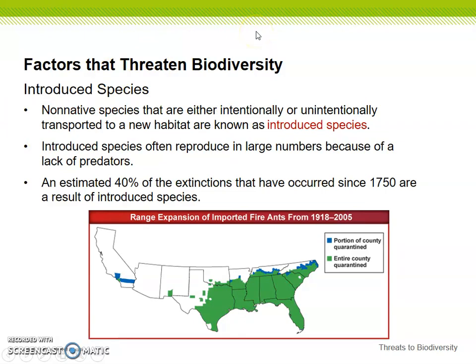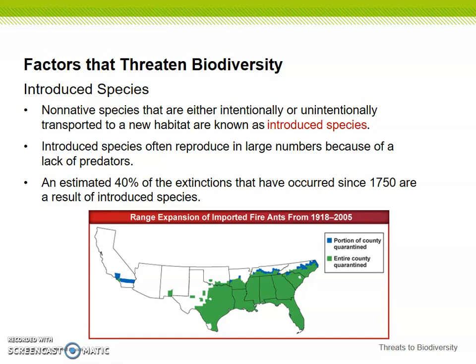Another factor is introduced species. They are non-native species that are either intentionally or unintentionally transported to a new habitat. They usually reproduce in large numbers because there's a lack of predators. There's nothing there naturally that is going to harm them, that's going to keep their population under control.